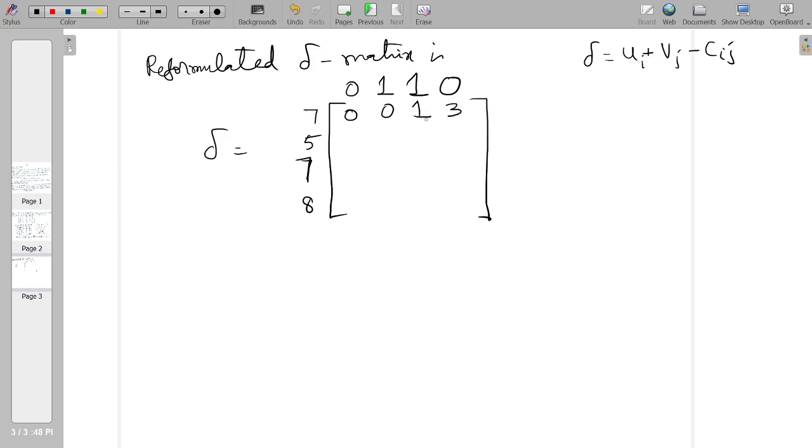Okay. And then the second one would be 5 plus 0 minus 3, 2. 5 plus 1, 6 minus 2, 4. 5 plus 1, 6 minus 6, 0. And then the next one would be 5 plus 0 minus 5, that would also be 0 here.